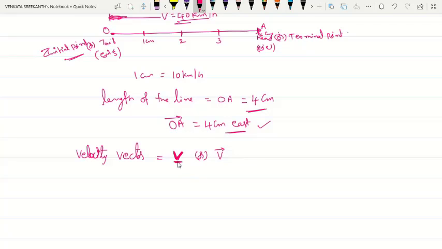That's why an arrow is placed over the head of the letter, that is, V bar. We can call it V bar.